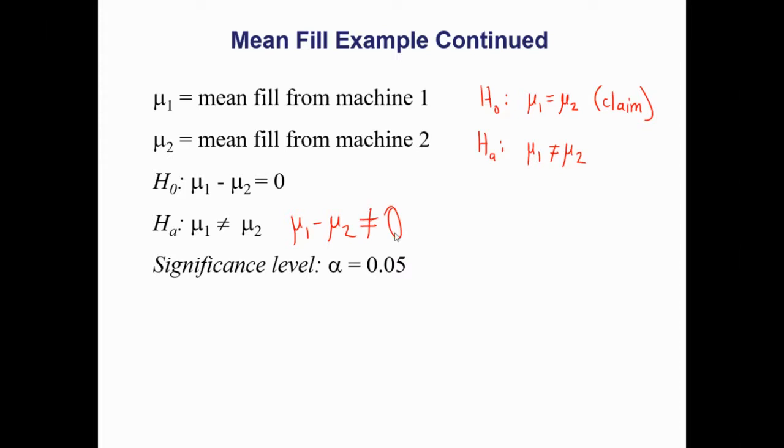That's another way we could write it. And why is it equal to 0? Because we want them to be the same. Okay. We want them to have no difference.